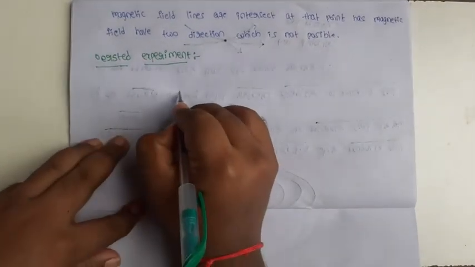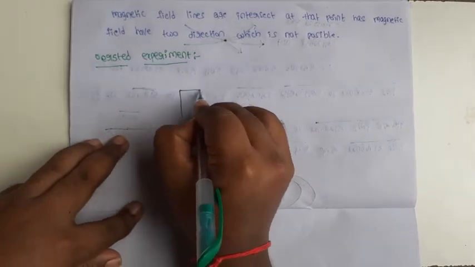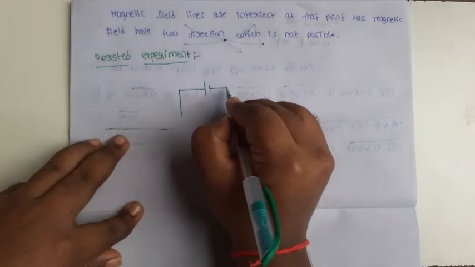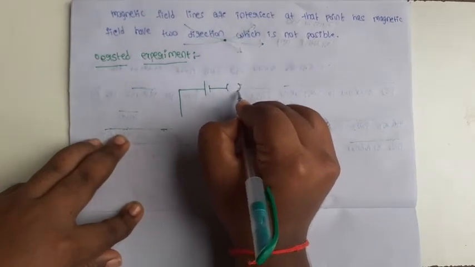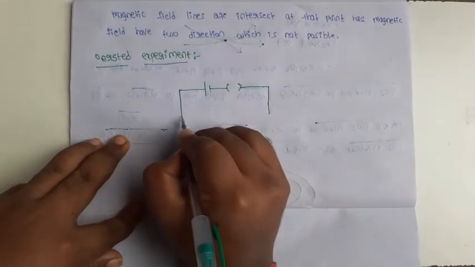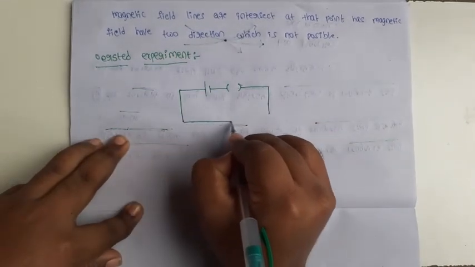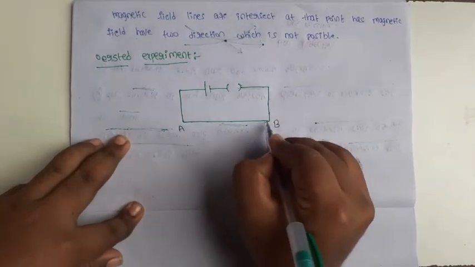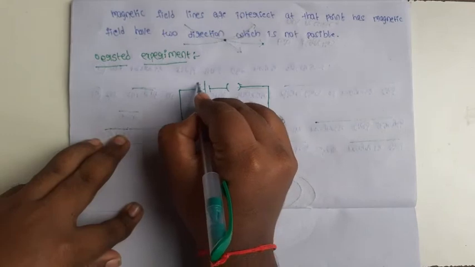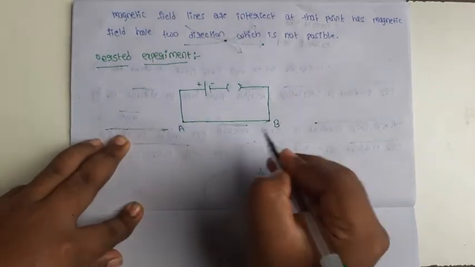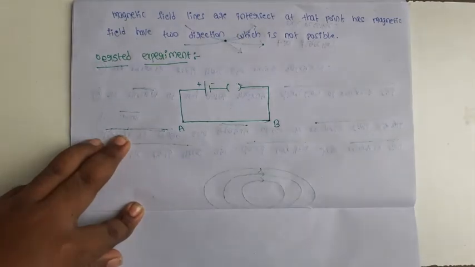This is a small electric circuit: one battery, a switch, and electric wire. This is the battery, this is the switch, this is the electric wire.